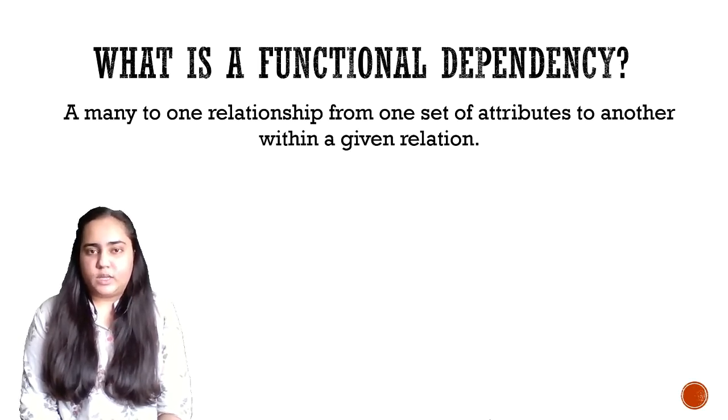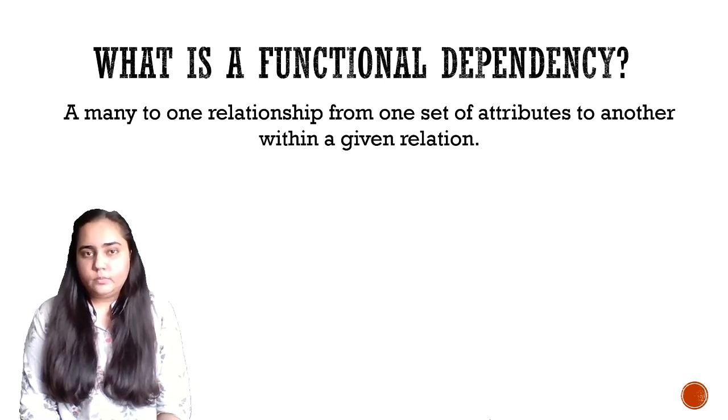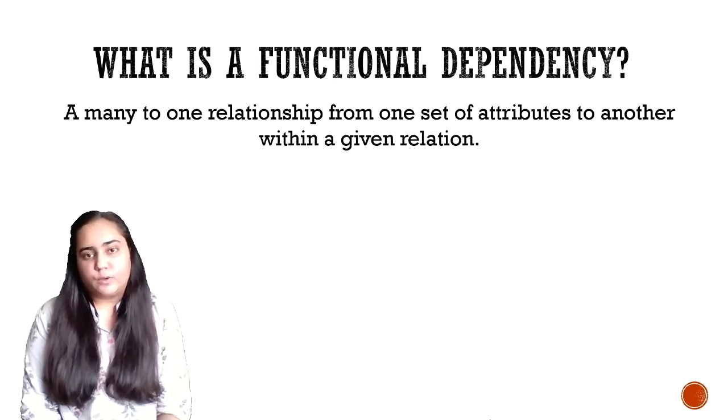And usually in ER models, when we construct relationships, we construct them between one table and another. We never construct relationships between one column of a table and another column of the same table. However, functional dependency deals with a relationship between one column of a table and another one, and it is a many-to-one relationship. You'll get to know more about this with different types of dependencies and examples that I'm going to present now.